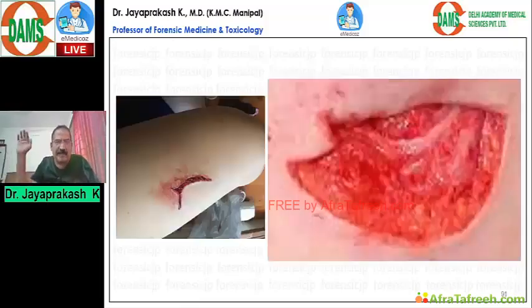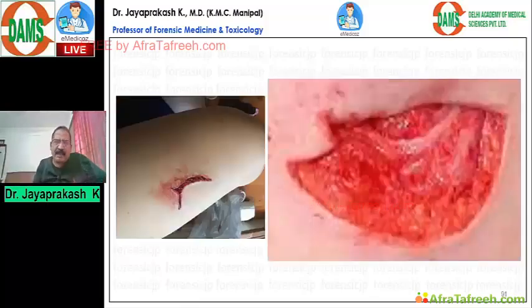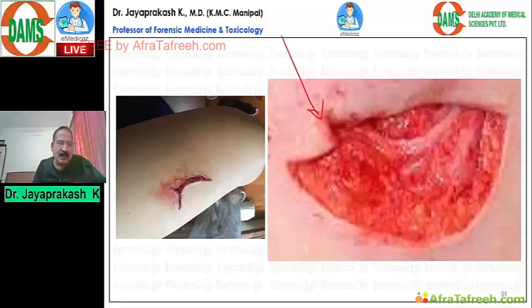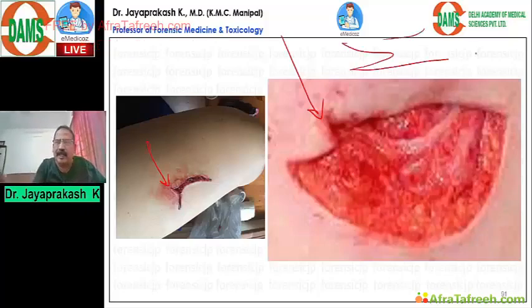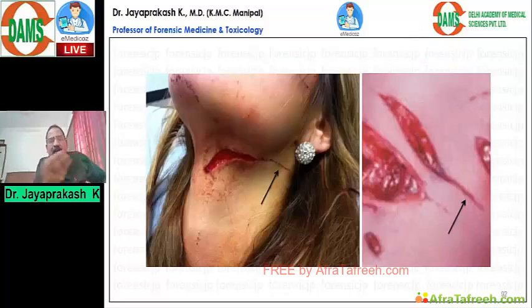Now, sometimes there may be one additional split you can see in a lacerated wound, that is known as swallowtail, because of the swallow bird's tail. Then peeling of the wound in an incised wound: as the weapon goes away from the skin, it becomes more and more superficial. You can see only the scratch abrasion.